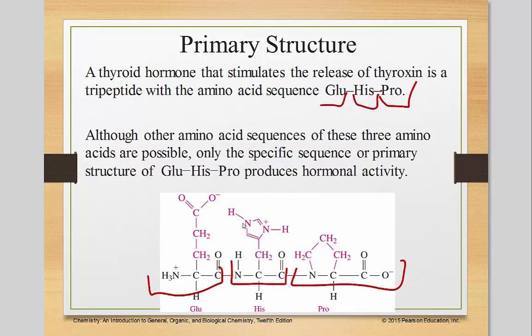So where it is in that primary structure is super important because we only have 20 to work with. There's only 20 total amino acids. So arranging them in different orders is essential. And that is the primary structure of proteins.